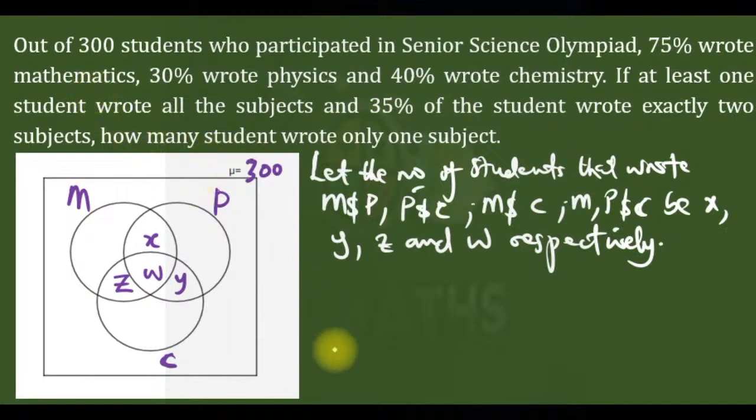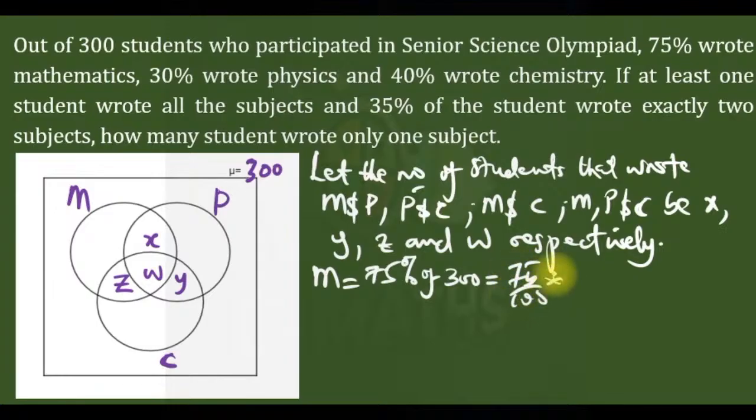75% wrote mathematics. So the people that wrote mathematics is 75% of 300, which is 75 over 100 times 300. So we have 225.